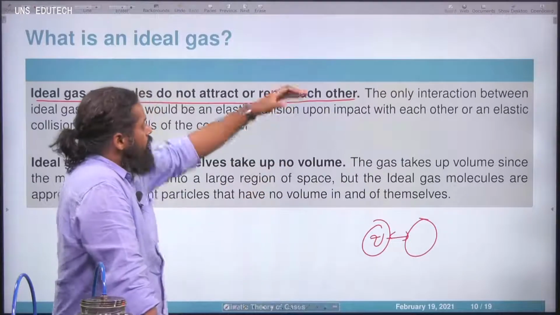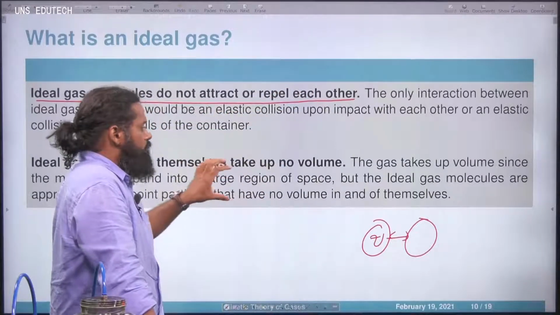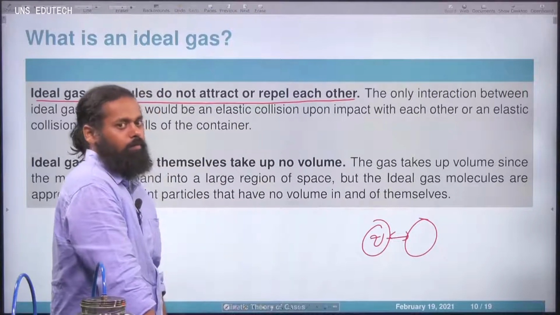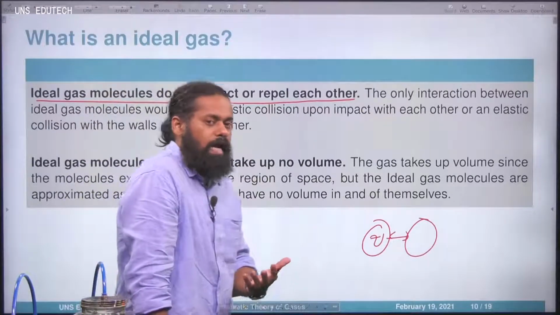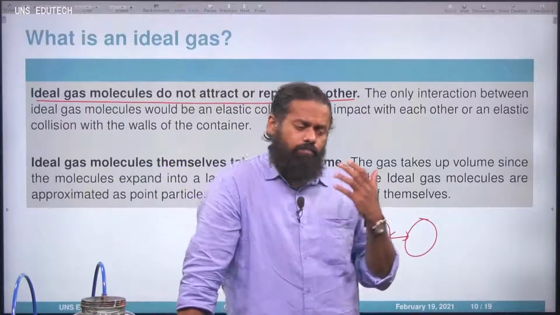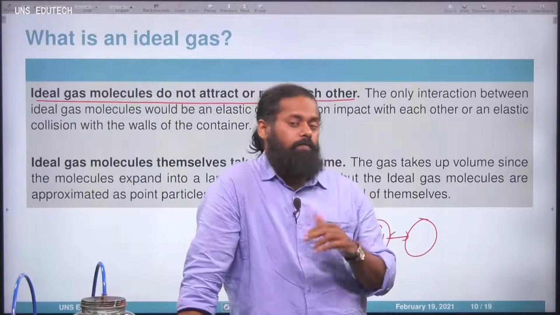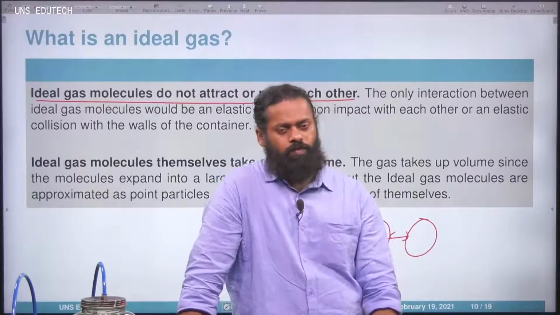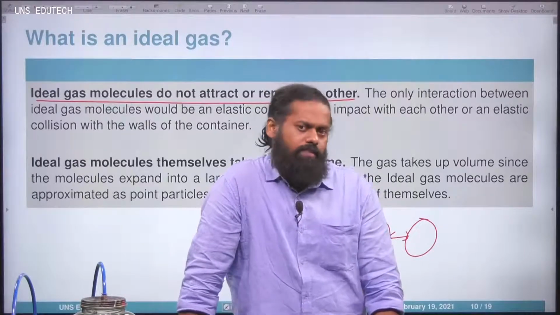Based on the second statement, the particles will definitely be occupying a certain amount of space. This is the difference between ideal gas and real gas. The equation we discussed is applicable for ideal gas. It is an ideal case, but it's applicable for most situations, and major calculations can be done.